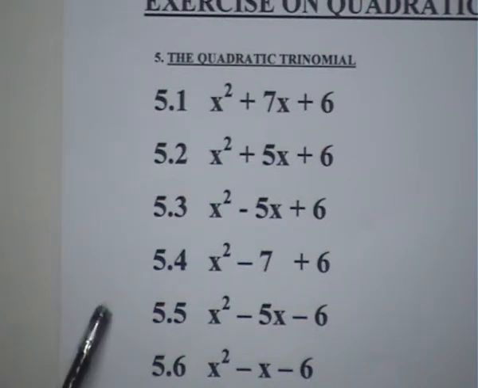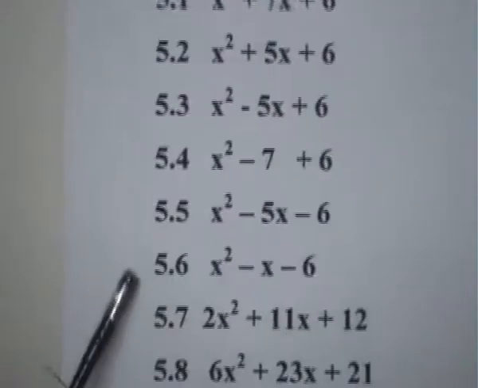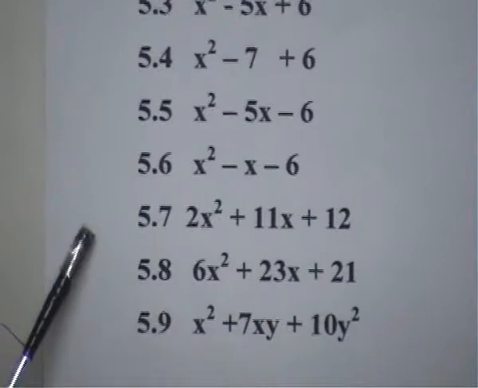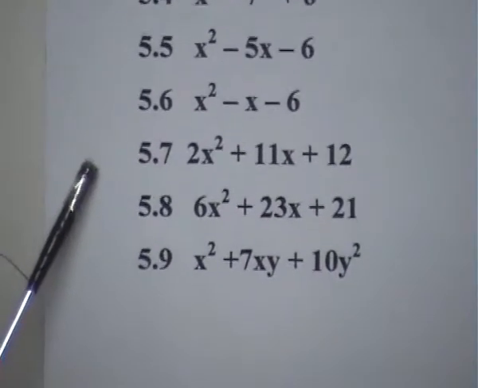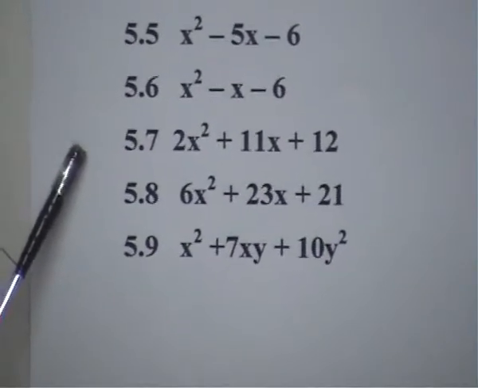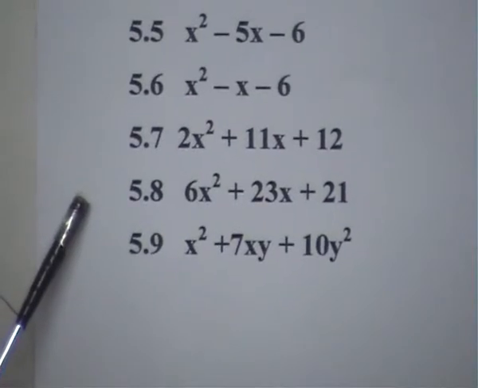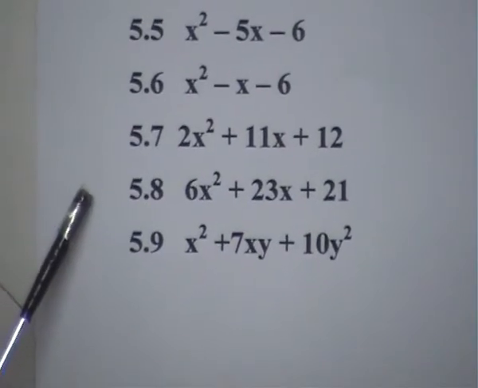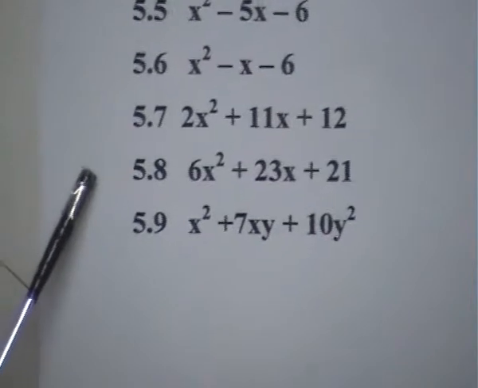5.5. x squared minus 5x minus 6. 5.6. x squared minus x minus 6. 5.7. 2x squared plus 11x plus 12. 5.8. 6x squared plus 23x plus 21.